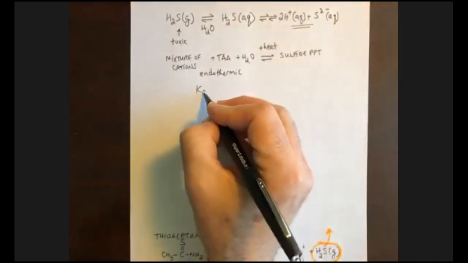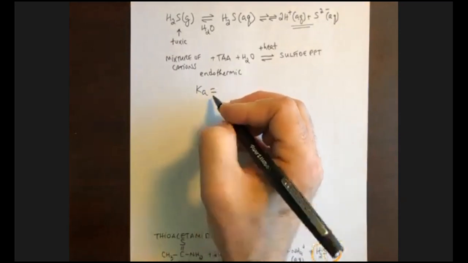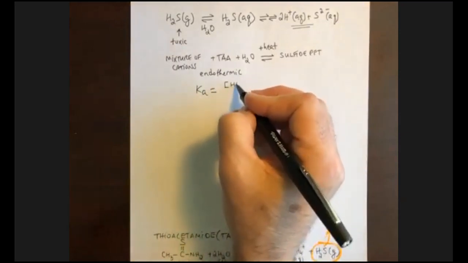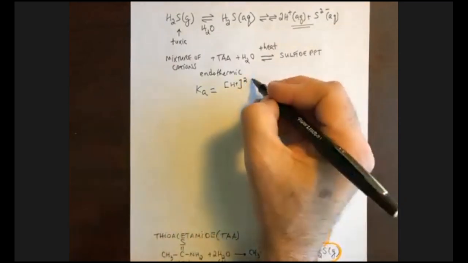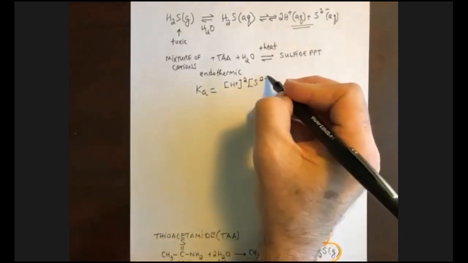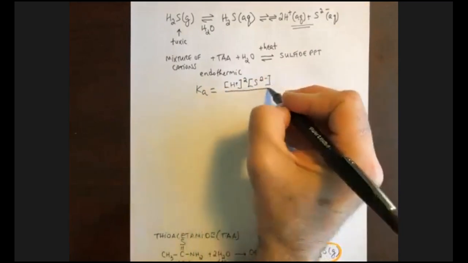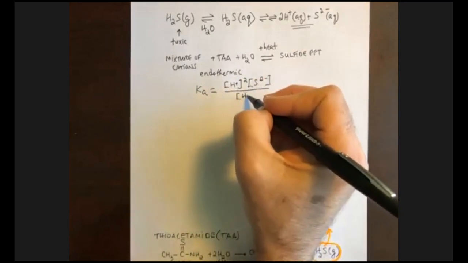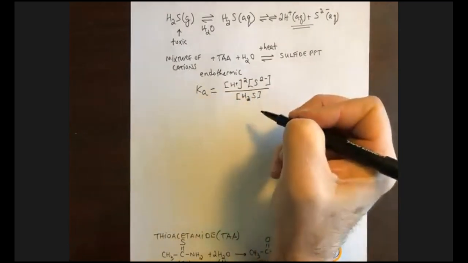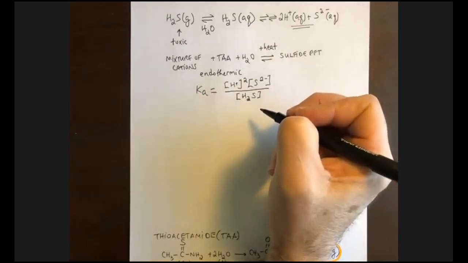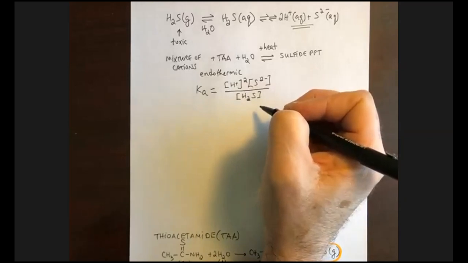So Ka would be the hydrogen concentration squared times the sulfide concentration divided by the concentration of the unionized hydrogen sulfide in solution, which we sometimes call hydrosulfuric acid.